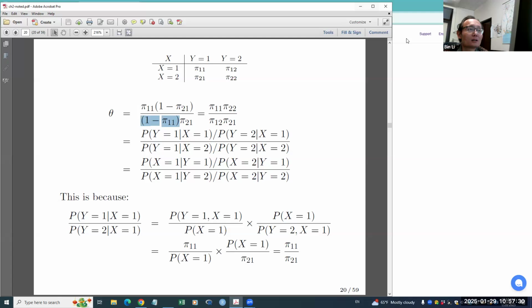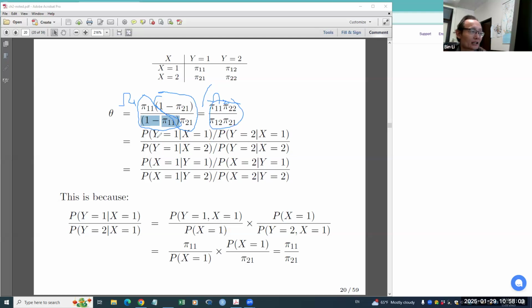So this is the odds for x equals 1 over this, the odds for x equals 2, inverse, right? So that's the odds ratio, okay? And it's this one, right?